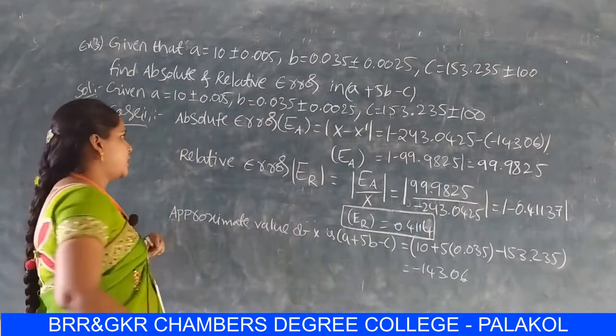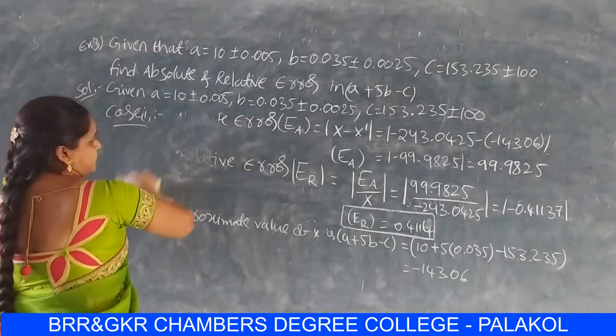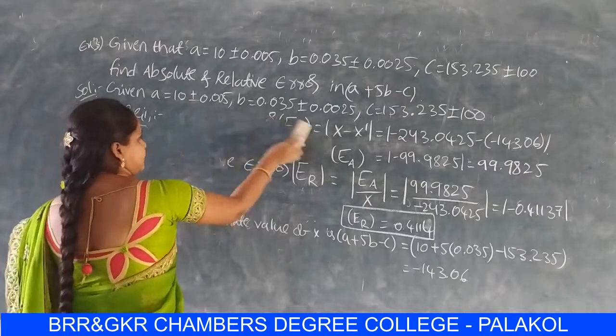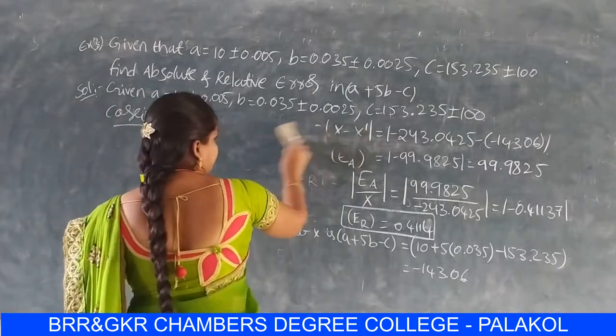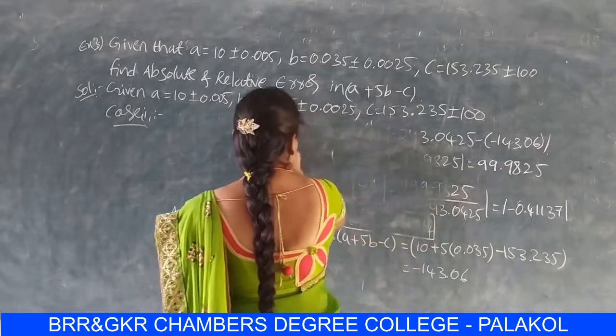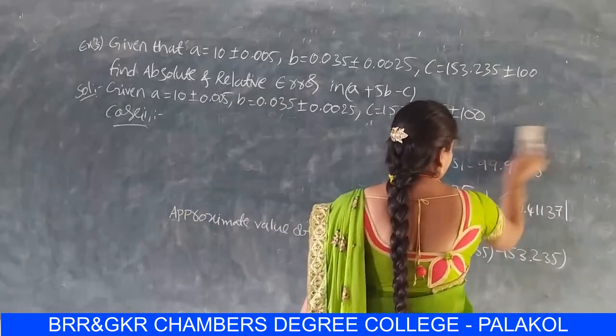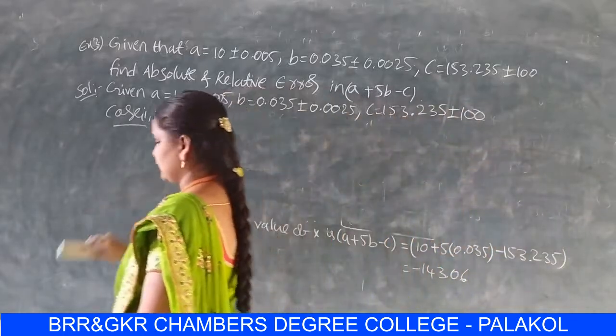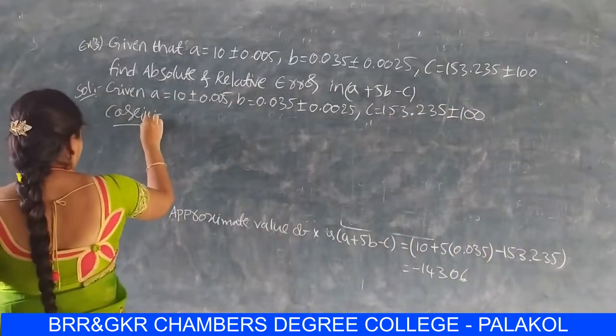So we start with the minimum values of x, y, z or A, B, C. So case 2.